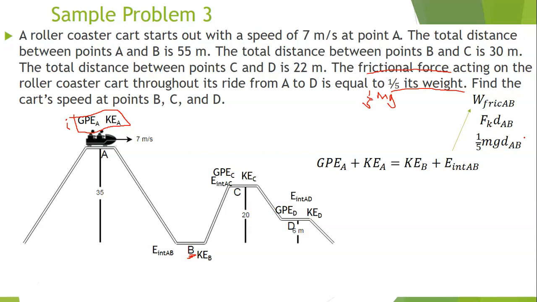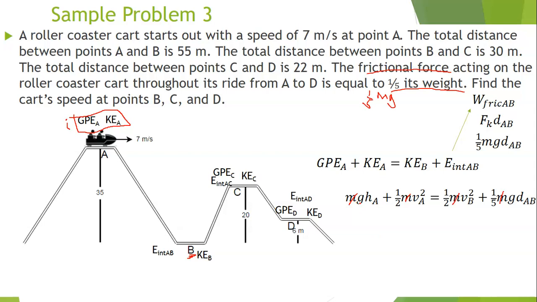So let's go ahead and plug in the other formulas we know. So we know GPE is mgh, and kinetic energy is 1/2 mv squared. I've got all my subscripts there. And this is nice because all of these m's will cancel because there is an m in every term. And we can go ahead and plug in our numbers.